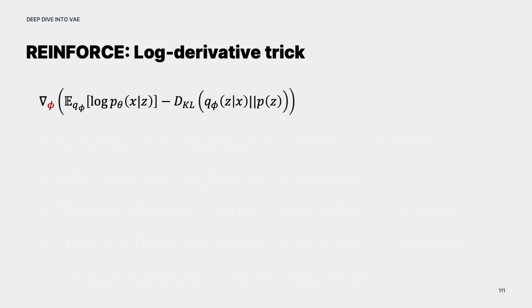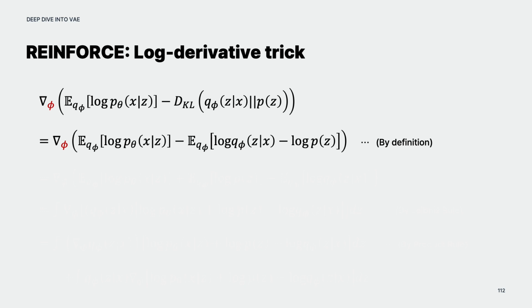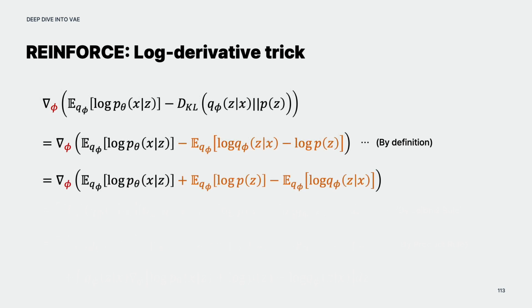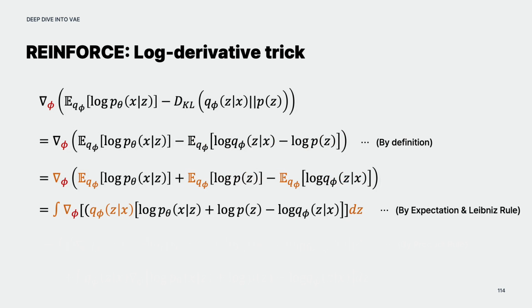First, the expression we want to differentiate is as follows. This term, according to the definition of KL divergence, can be rewritten as follows. The expectation term can be decomposed as follows. Using the definition of expectation and applying Leibniz rule, we obtain the following expression.